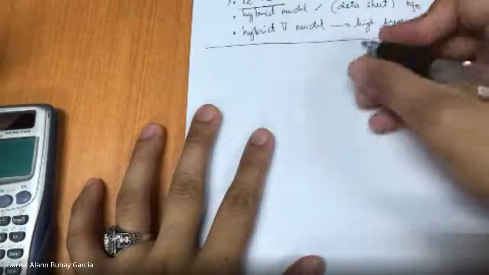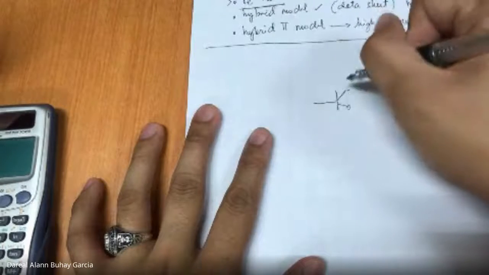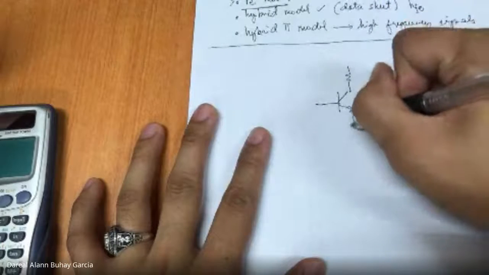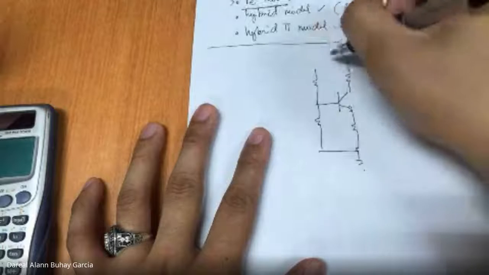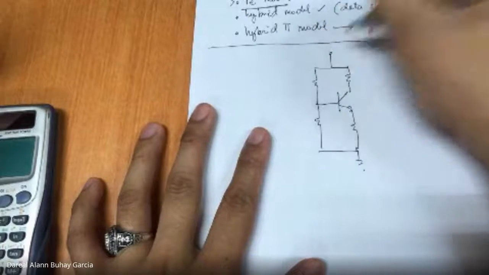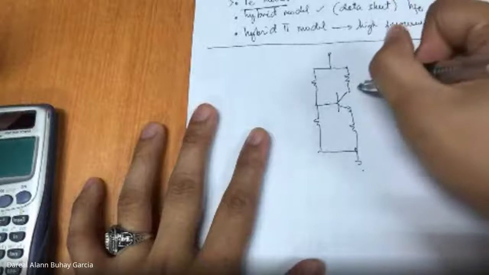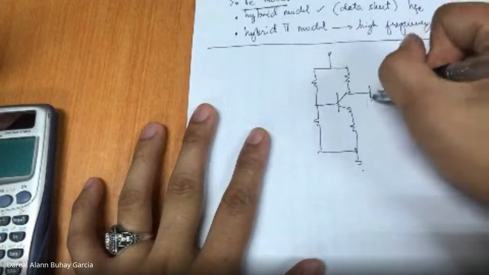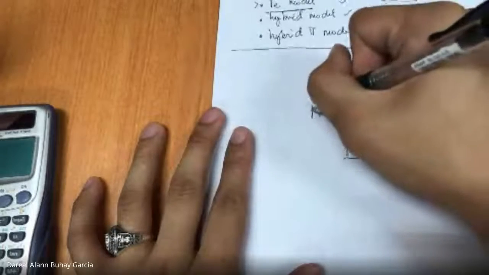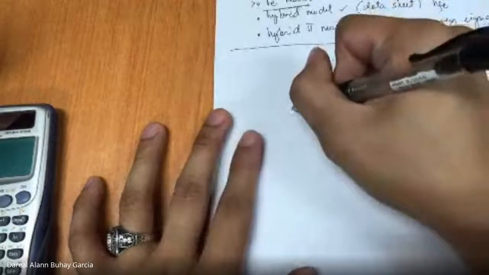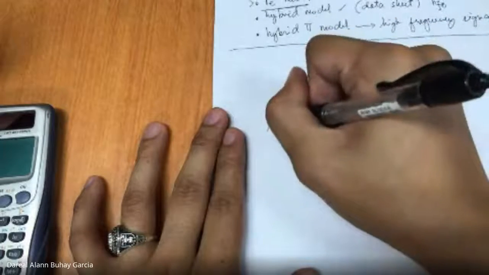Now, we will use the RE model. I will draw a circuit. So this is a voltage divider. If you noticed before, there are capacitors connected at some places in our transistor circuit.